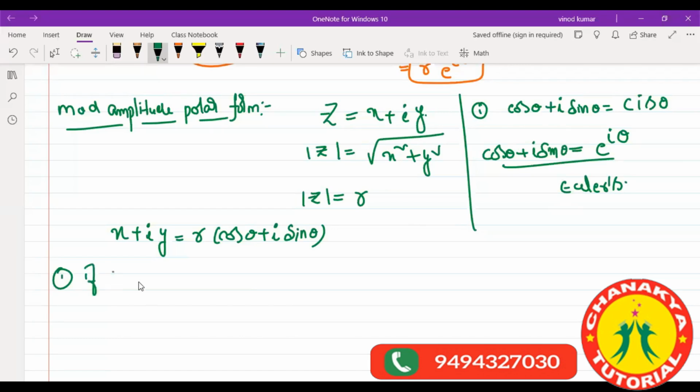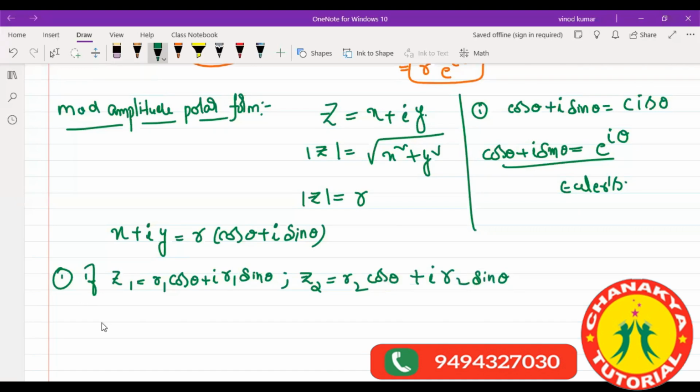Now, if z1 equals r1 cos theta plus i into r1 sin theta, and z2 equals r2 cos theta plus i into r2 sin theta, here z1 and z2 are given. Then we can write z1 into z2.